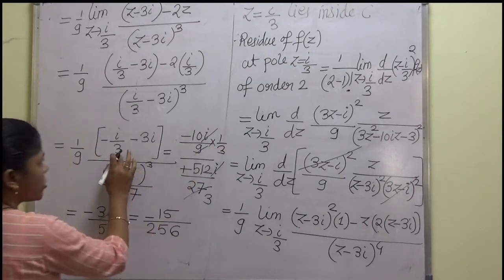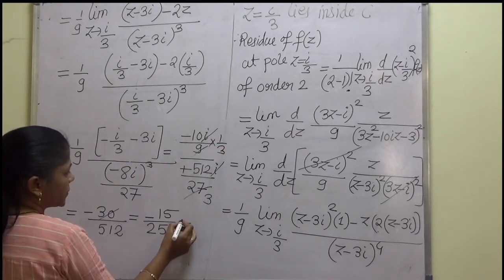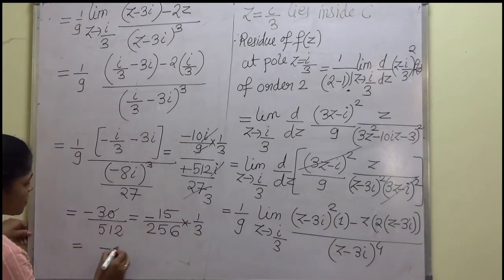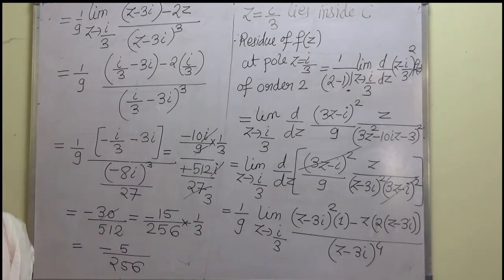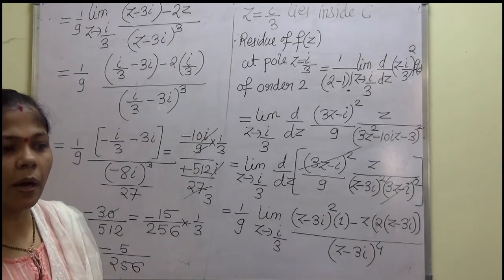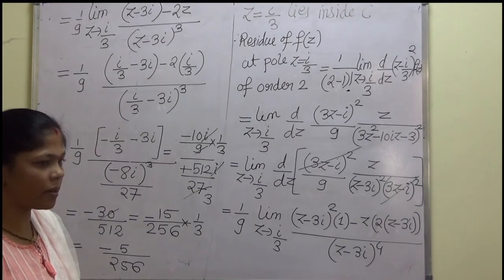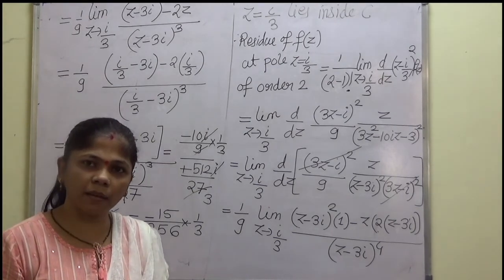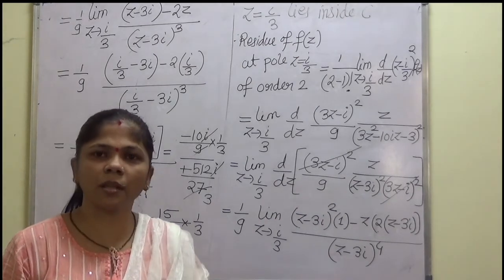One by 3 will also be there over here. So this is minus 5 upon 256. Minus 5 upon 256 is the residue of f of z at z equal to i by 3. This we obtained. Only one pole was lying inside the circle, for which we obtained the residue.